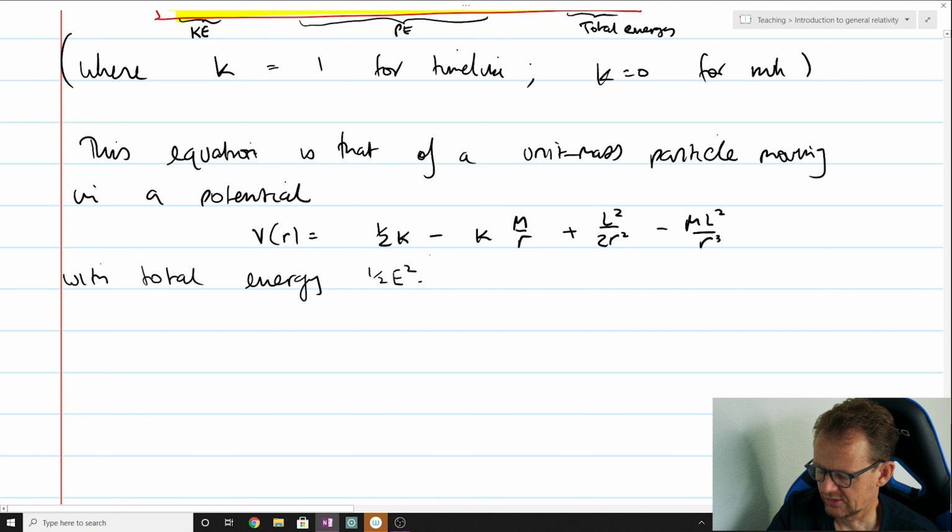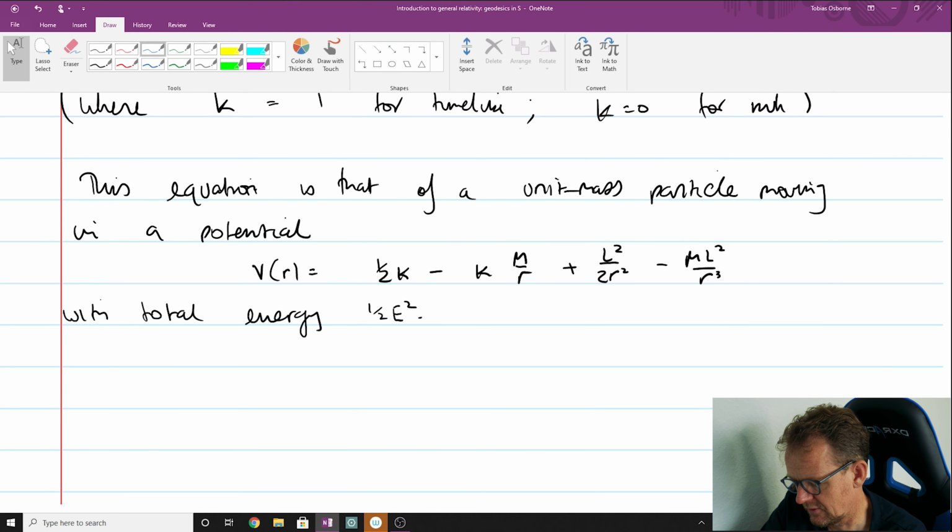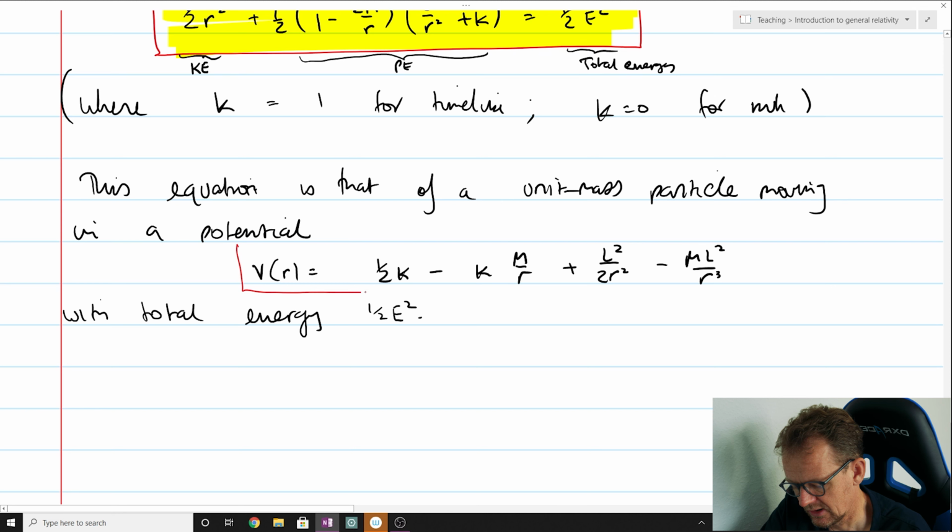And so our strategy will be just as in classical orbital mechanics. We're going to solve for the radial motion first, and then we're going to use the other equations to determine the angular motion. Now, if you look at this potential V(r) here, this effective potential that we've written down, it should be pretty familiar to you from orbital mechanics.